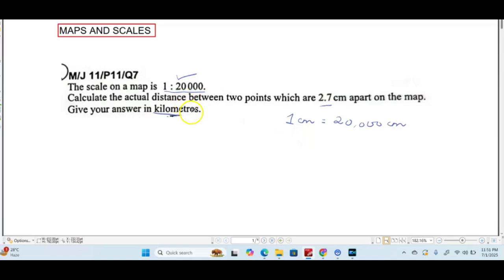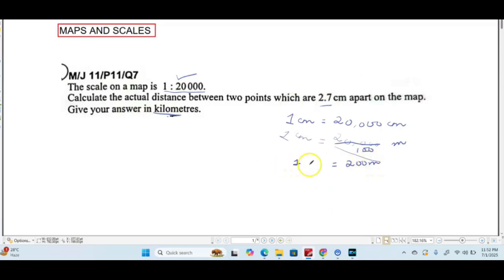So, as we have to give the answers in kilometers, we need to convert this centimeter to kilometers. This is the first thing that you should be doing. So, how are we going to do that? 1 centimeter is equal to 20,000 centimeters. Dividing by 100 gives 200 meters.